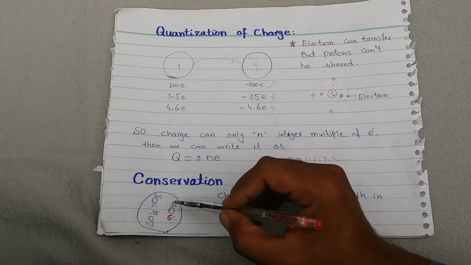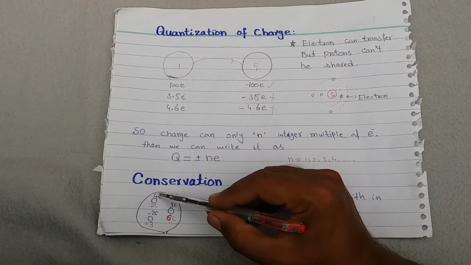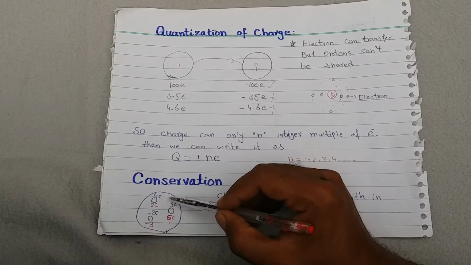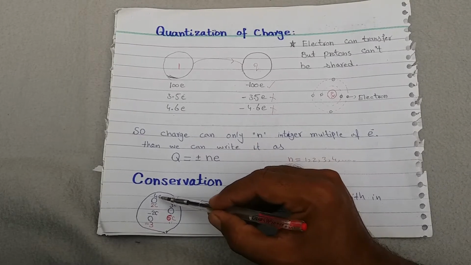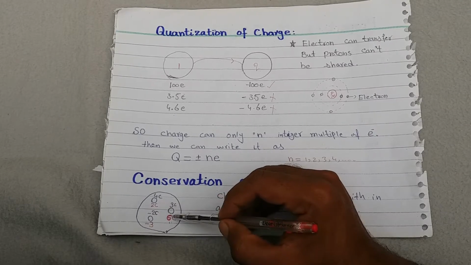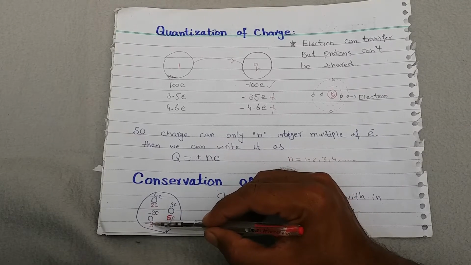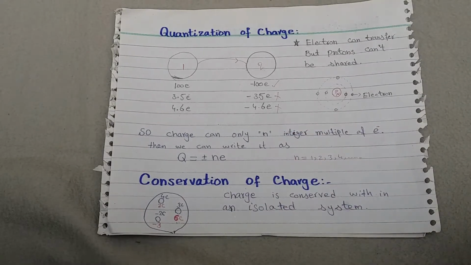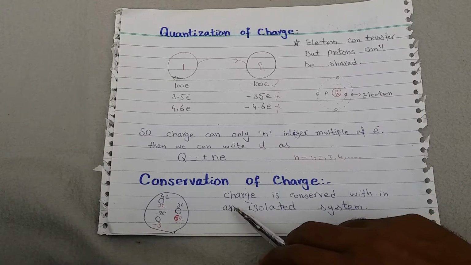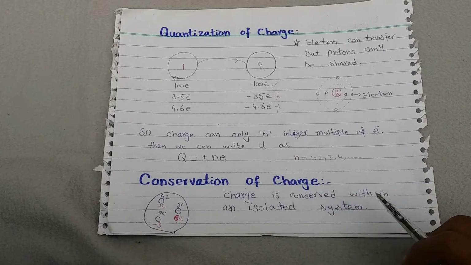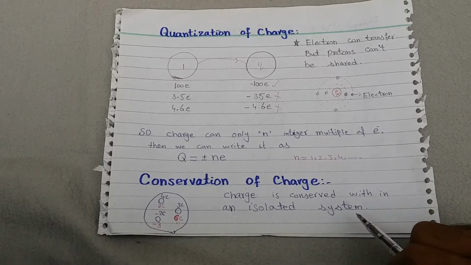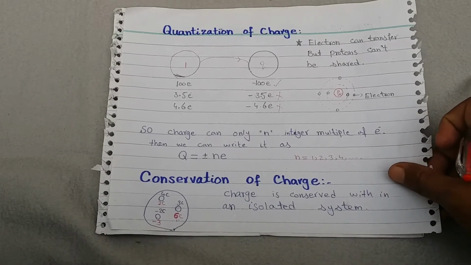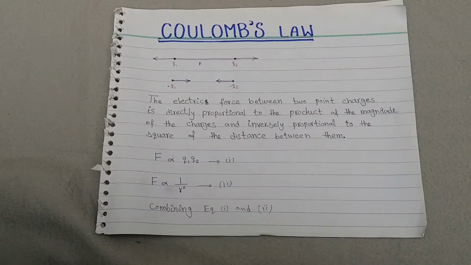If these charges written with the blue pen are initial charges, then after some time the final charges will be 2 Coulomb, 6 Coulomb, and the third atom will have minus 3 Coulomb. So what did I say? The initial charges should be equal to the final charges within an isolated system. This property of charge is known as conservation of charge. Charge is conserved within an isolated system.